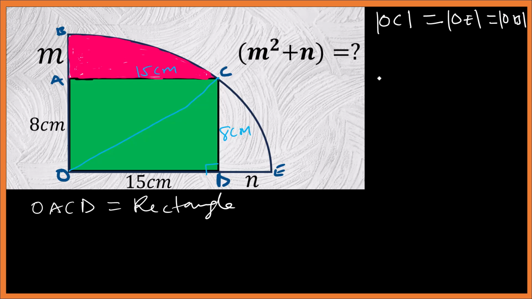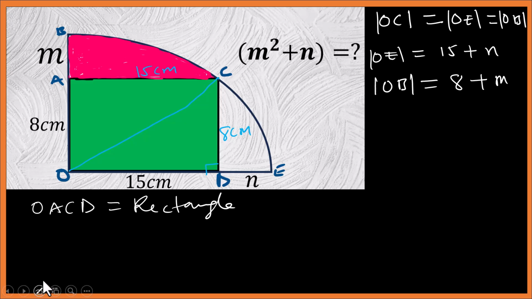Now, OE is the same as 15 plus N, that is OD plus DE. And OB is also 8 plus M, that is OA plus AB.